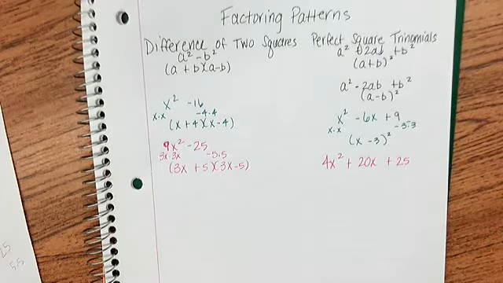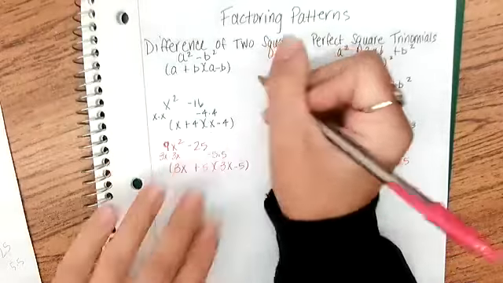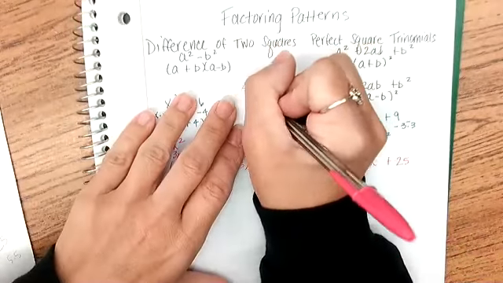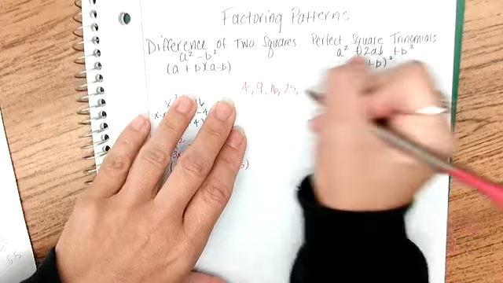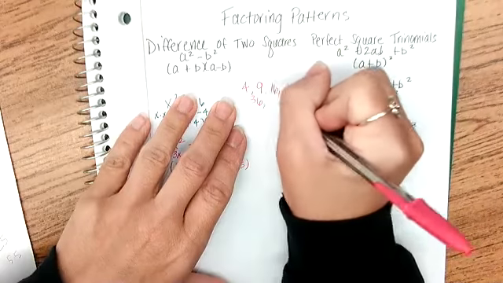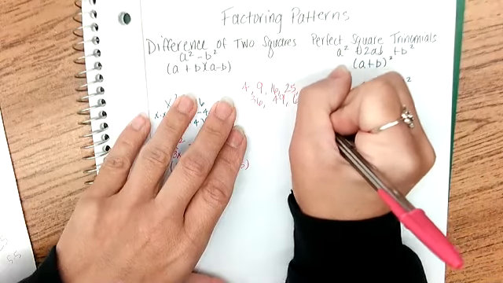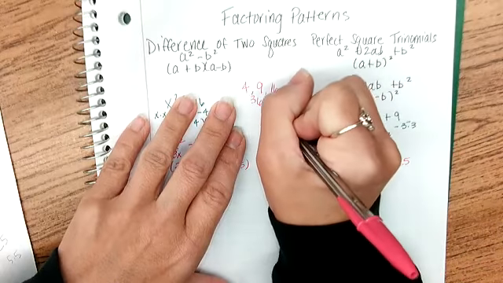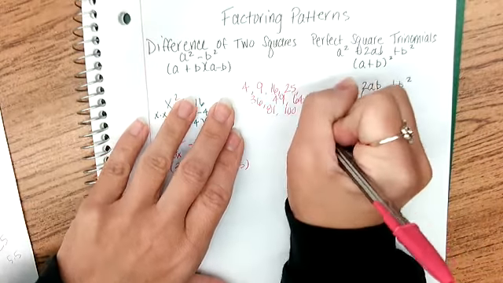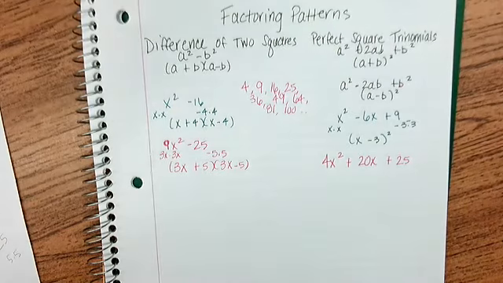Whenever you see a perfect square, 1 doesn't really count in this particular case. 4, 9, 16, 25, 36, 49, 64. That's 8 squared. 9 squared is 81, 100. On down the line. Those are perfect squares.